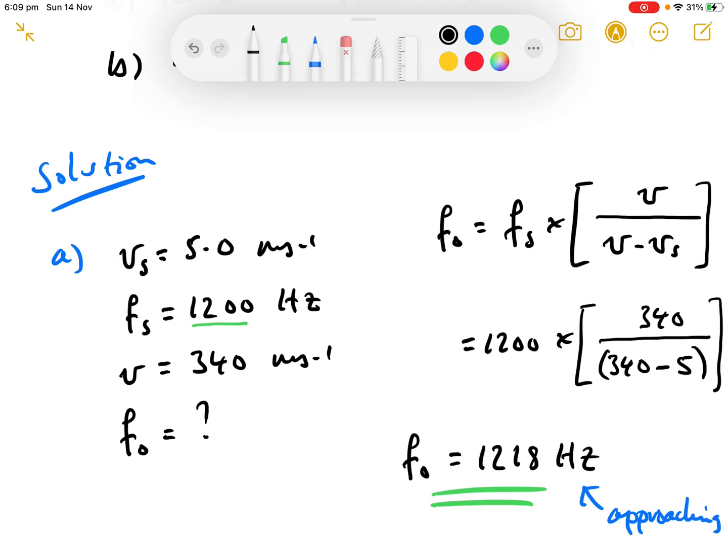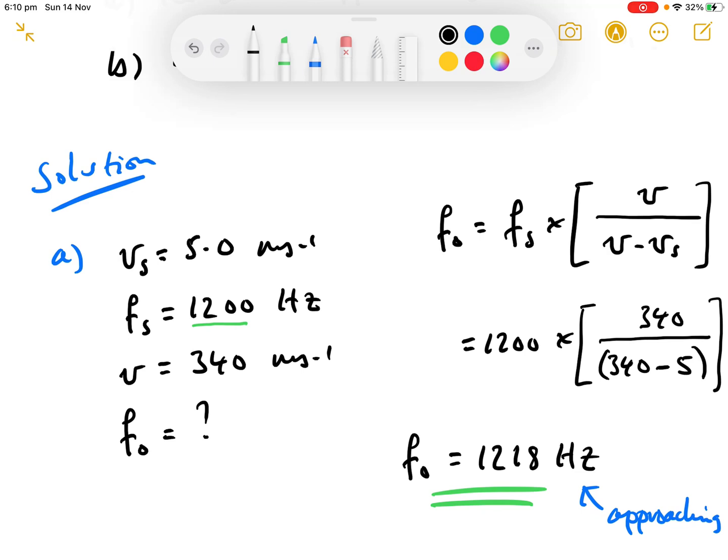So we state our equation. F naught equals Fs times V over V minus Vs in brackets. We put in our numbers. The rest frequency or source frequency is 1200 times speed of sound is 340, so it's 340 divided by 340 minus 5.